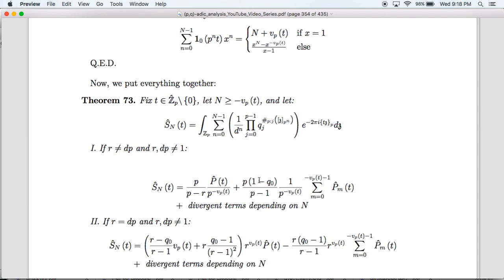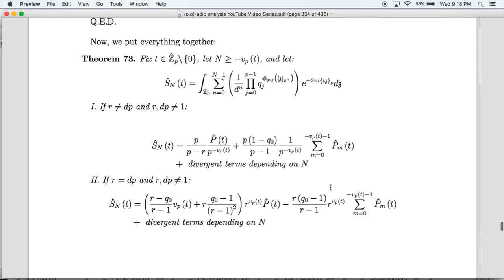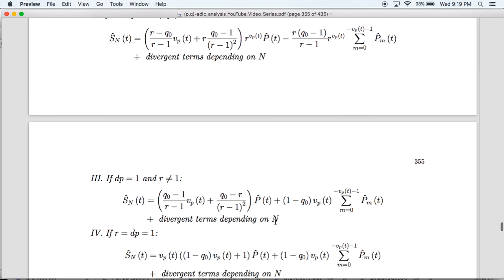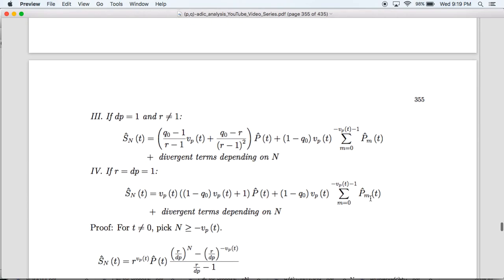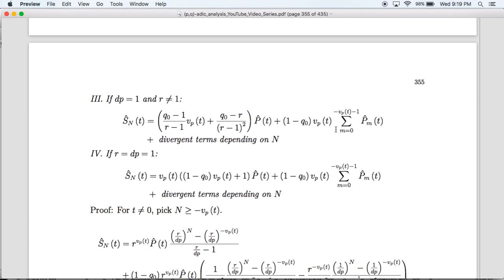Here, when q0 is equal to 1, this goes away, and we lose the PM hats. Here, when q0 is equal to 1, this goes away, because it's 0, and we lose the PM hats. Here, when q0 equals 1, this goes away, and we lose the PM hats. And likewise here. So the PM hats are correction terms that are there to deal with the case where q0 is not equal to 1.